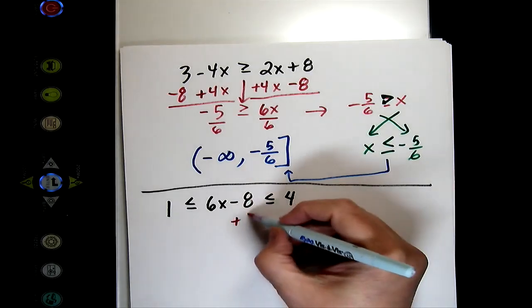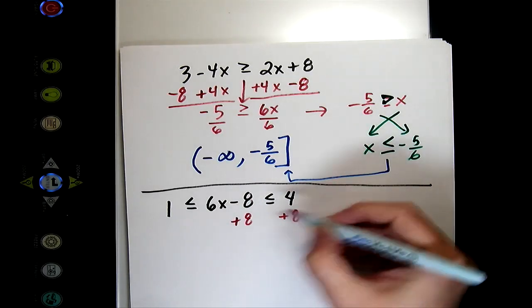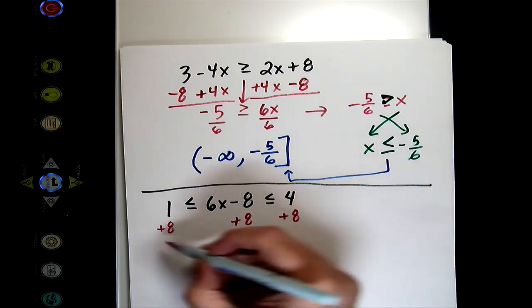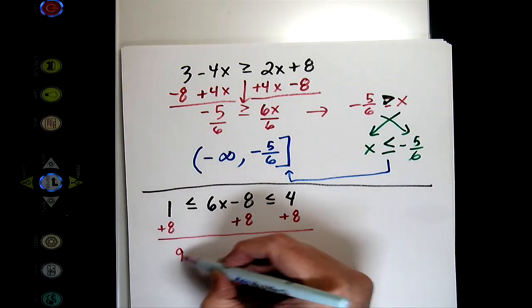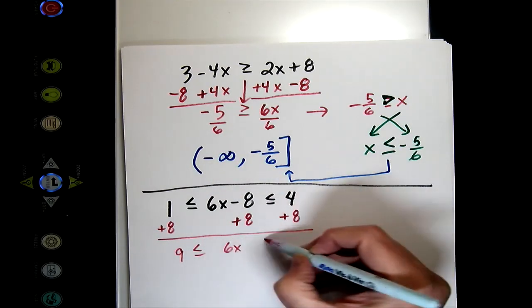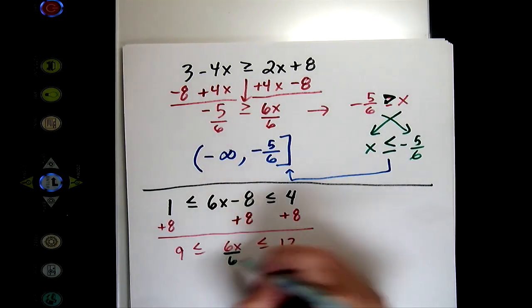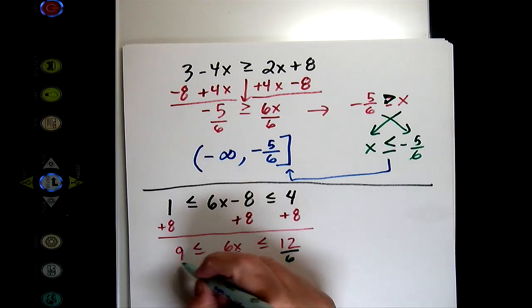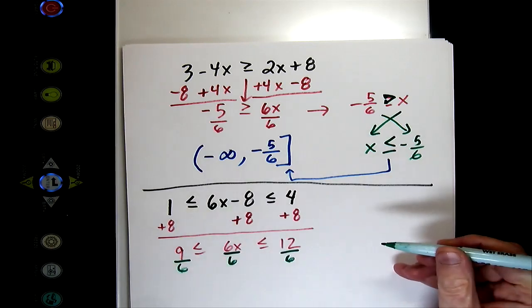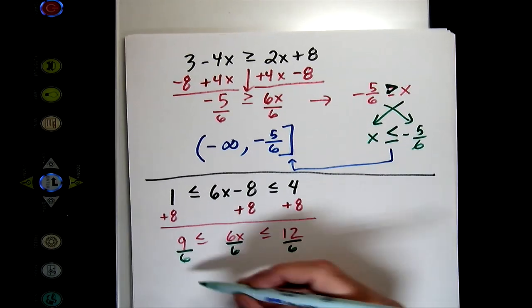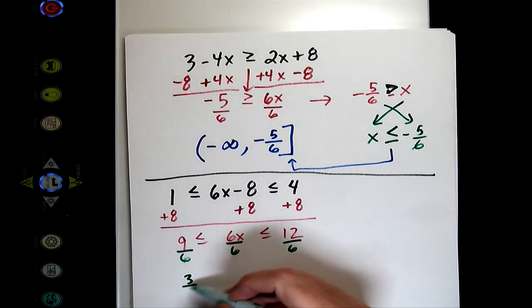So if we add the 8 to get rid of it, we have to add the 8 everywhere. And now if we want to divide by 6 to get rid of the 6, 9/6 simplifies to 3/2.